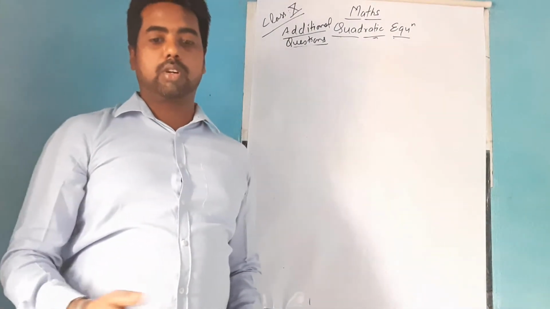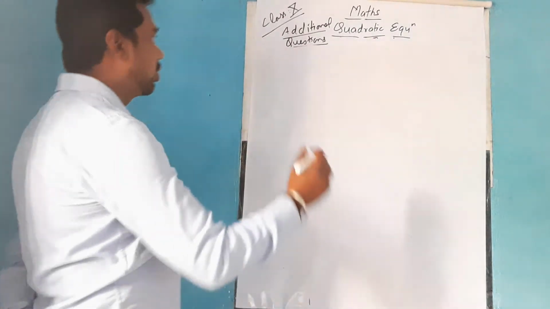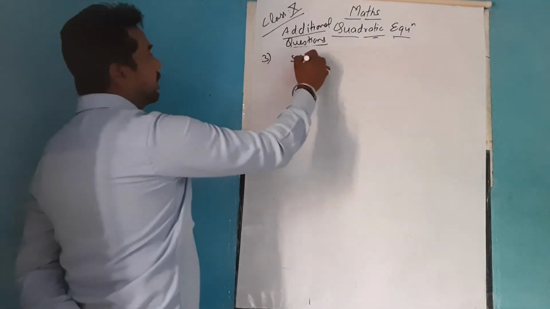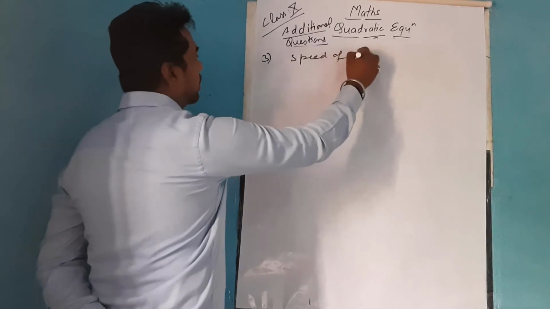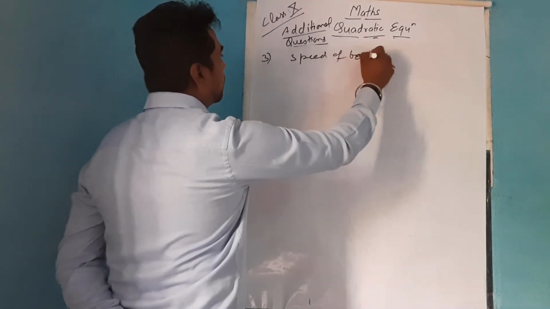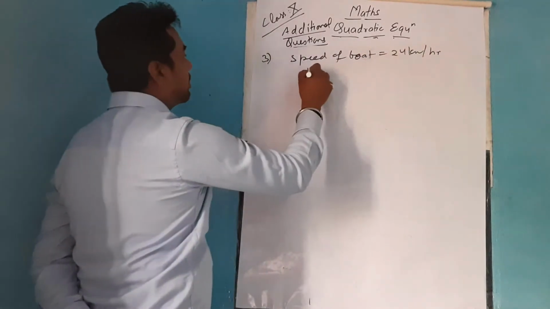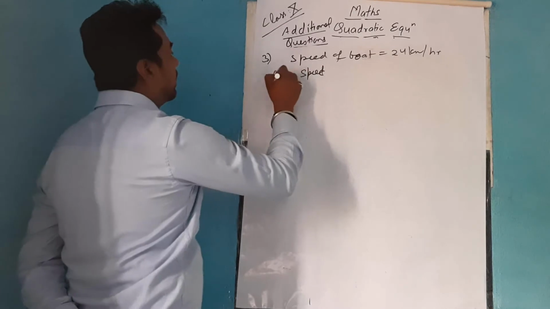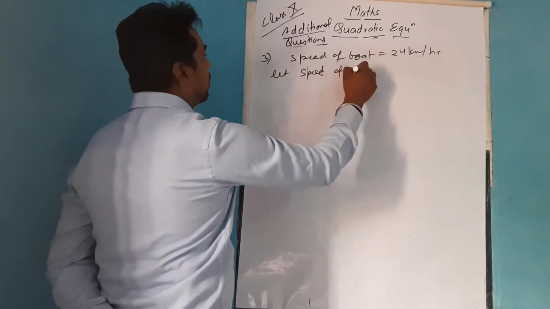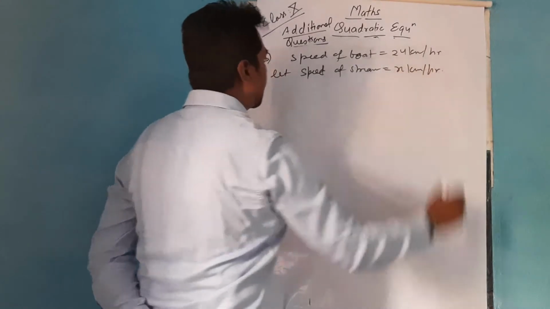We may use accordingly what is given. So here the speed of the boat is given as 24 km per hour, and the speed of the stream is not given. So we'll take: let the speed of the stream be x km per hour.